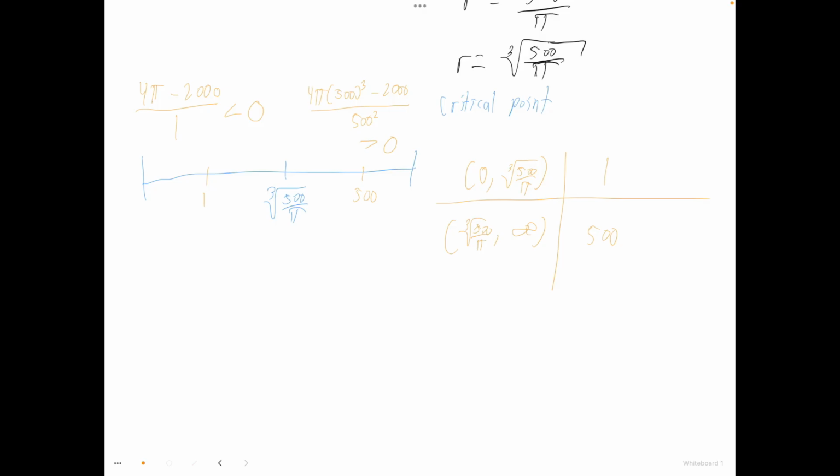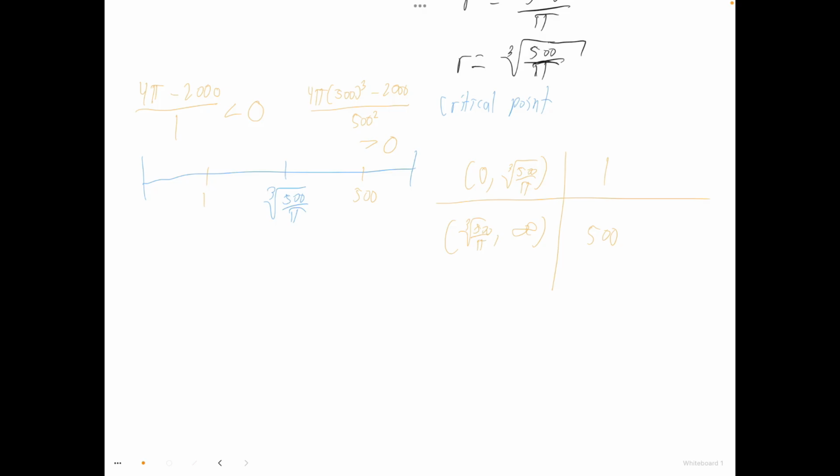So what this tells us is for every value below the cube root of 500 over pi, the derivative is negative. So it's decreasing everywhere up to the cube root of 500 over pi. Then it's increasing everywhere after that. And so that means we must have a minimum at the cube root of 500 over pi, and it has to be an absolute minimum because we're always decreasing before and always increasing after.